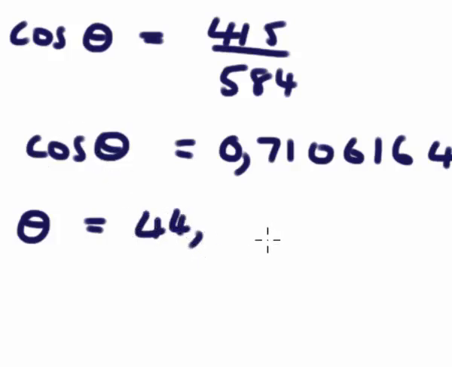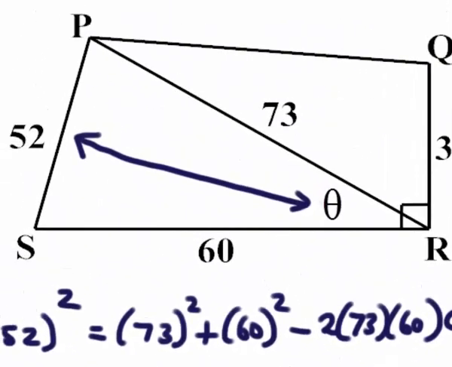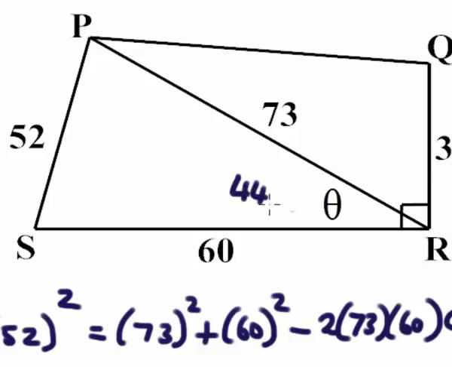They normally ask for 2 decimal places. So that's great. So if you go up here, we've got 44.71.